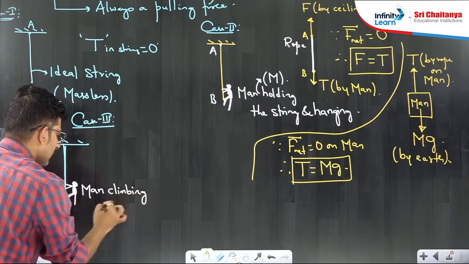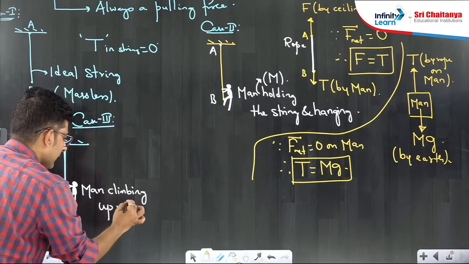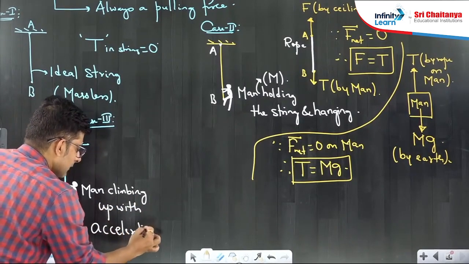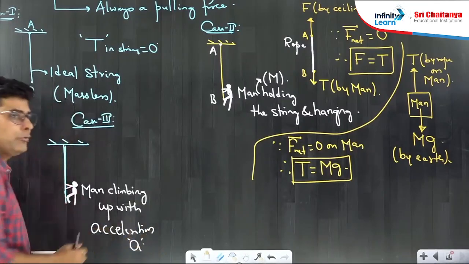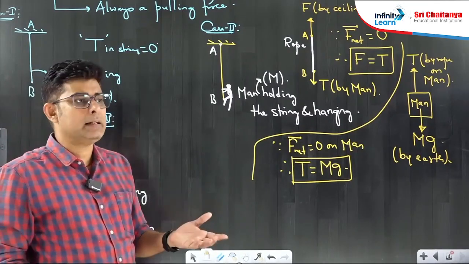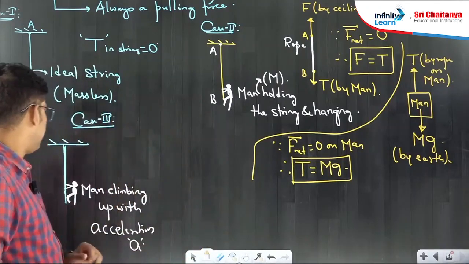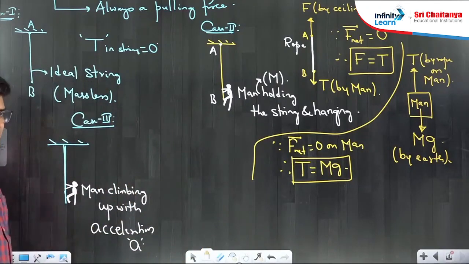Man is climbing up with an acceleration a. So when we are moving up, obviously he was hanging at rest, now he is changing his speed, that means accelerating up, and this is the same string.